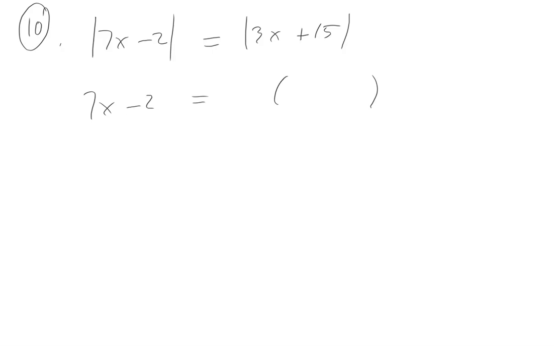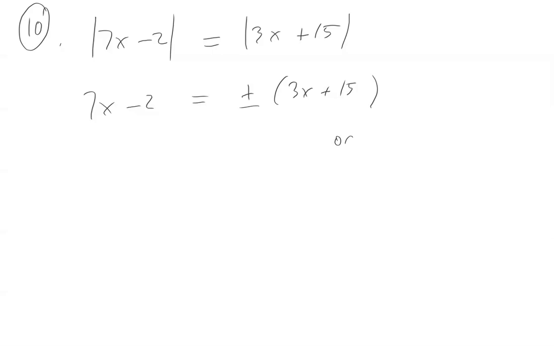So we're going to change it to be positive 3x plus 15. Or, now in this case, since it's a bigger equation, we should probably do this as a separate problem. So if I wanted to, I could just say 7x minus 2 equals positive or negative 3x plus 15.